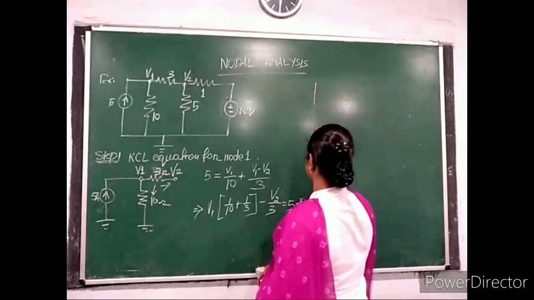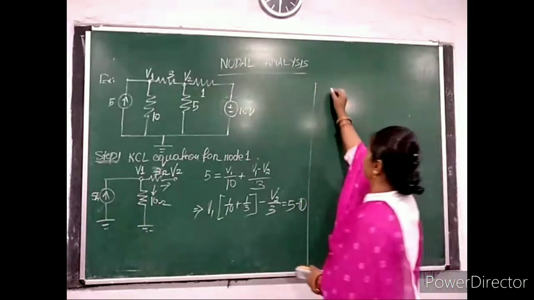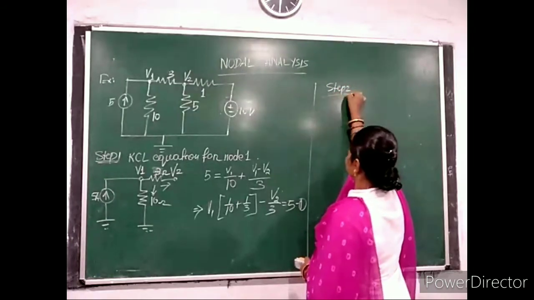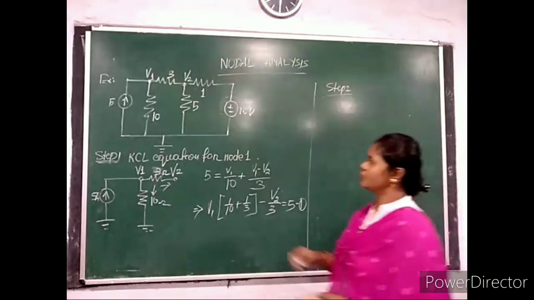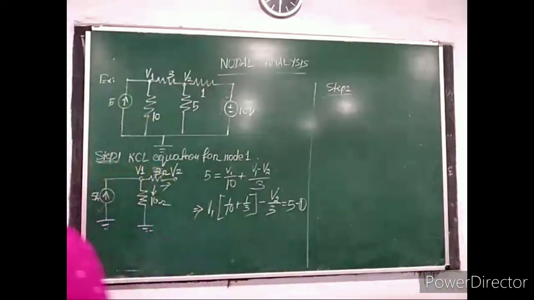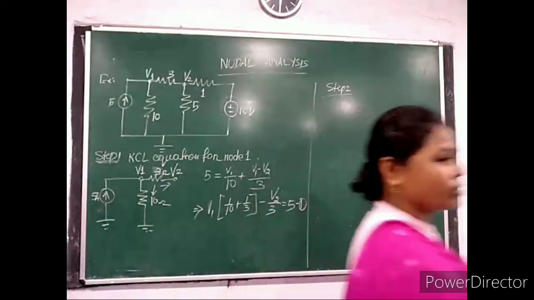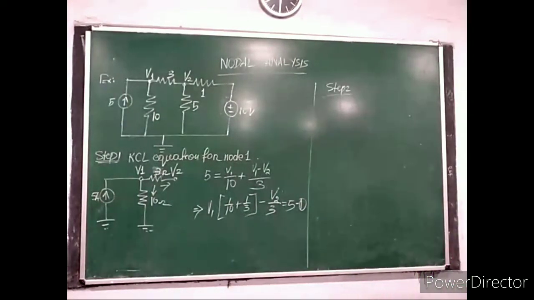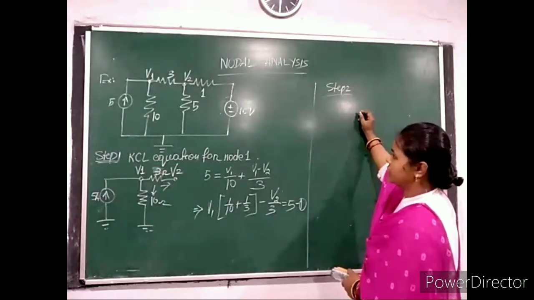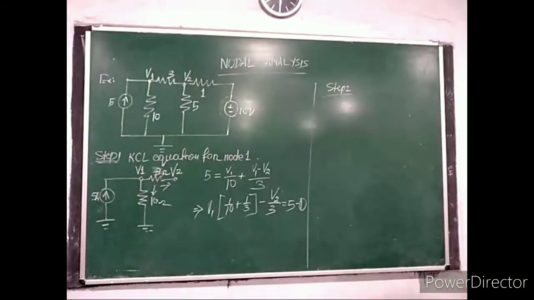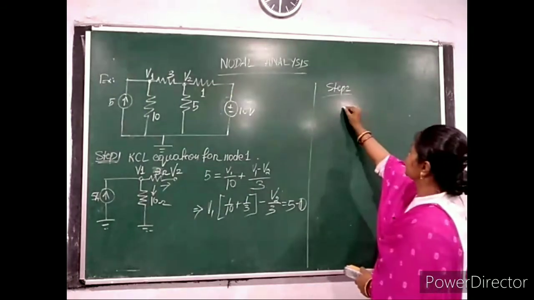The next step, step 2, is to write the KCL equation for node 2. For node 2, you write the KCL equation by assuming it as a source node. The simplified circuit diagram is: I only consider those branches which are connected with node 2 and redraw the circuit.